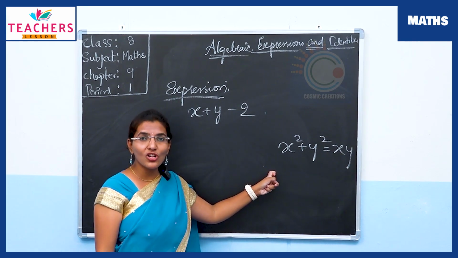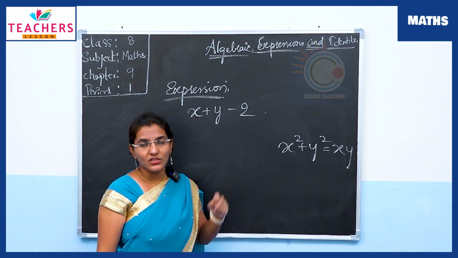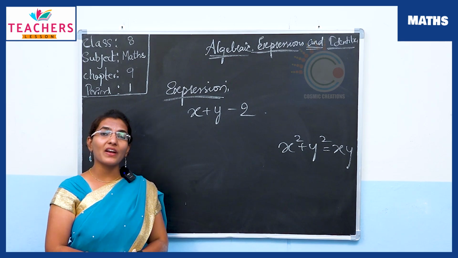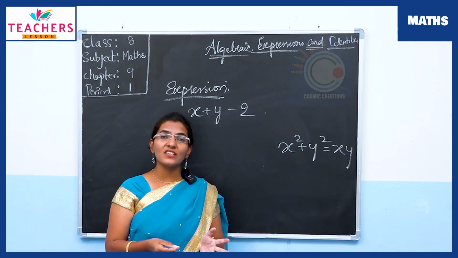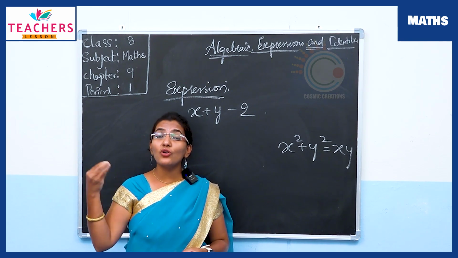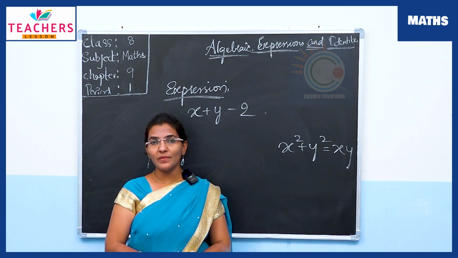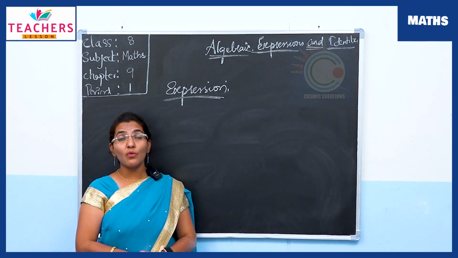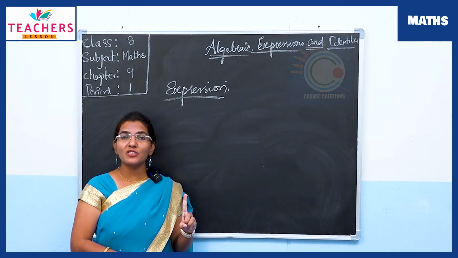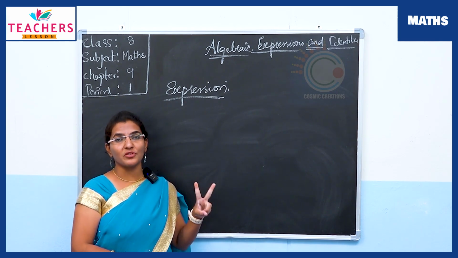This is also an expression, right? So an expression is the symbols, variables and constants which are going to give some value. In expressions we have two types, students. One is a variable expression and the other is a numerical expression.